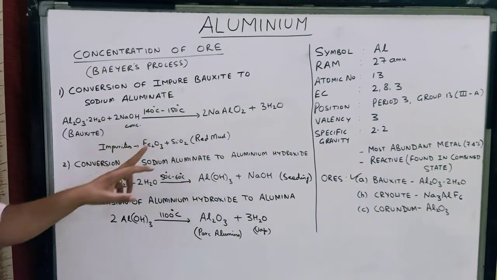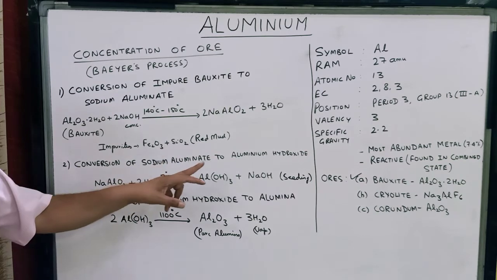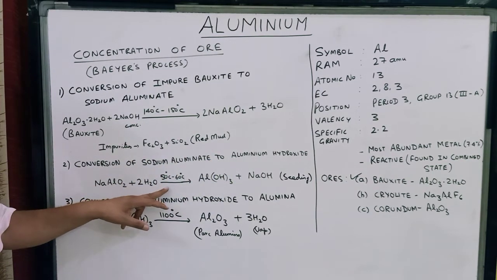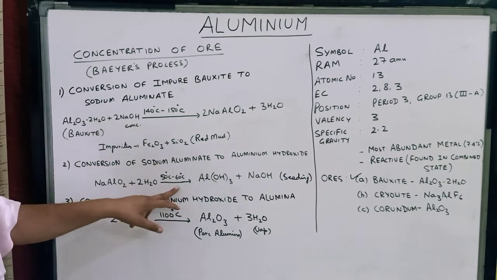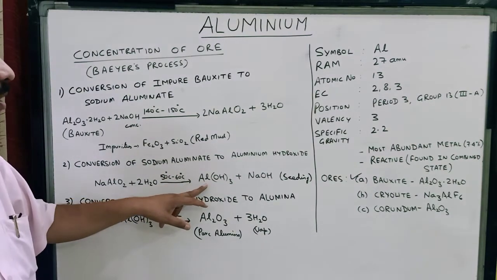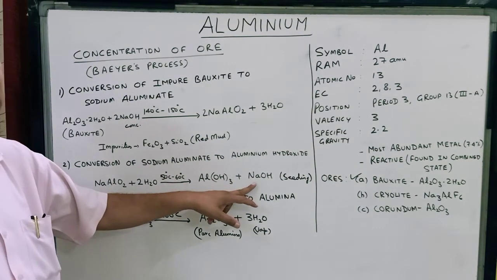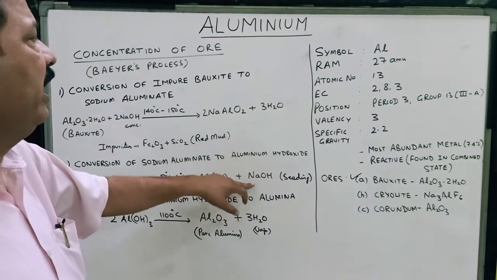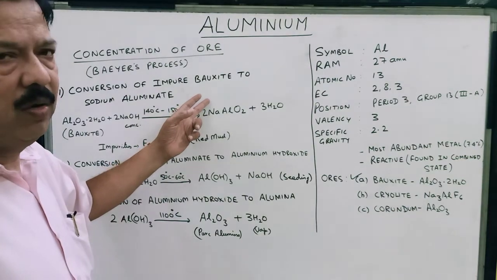Then this sodium aluminate is converted to aluminium hydroxide by heating it with water at a temperature of 50 to 60 degrees centigrade, where you get aluminium hydroxide and NaOH back. This NaOH can be reused in step number 1.